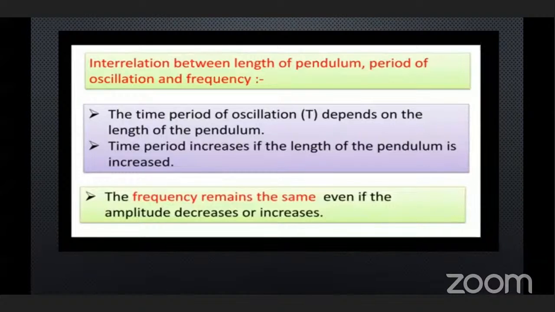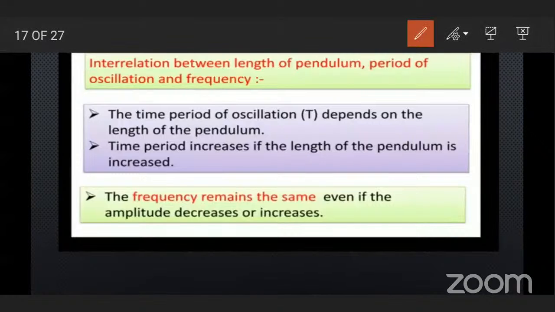And when you do the second activity, there is no change in frequency. The frequency remains the same even if the amplitude decreases or increases. There is no effect of amplitude on frequency. Remember these two sentences.